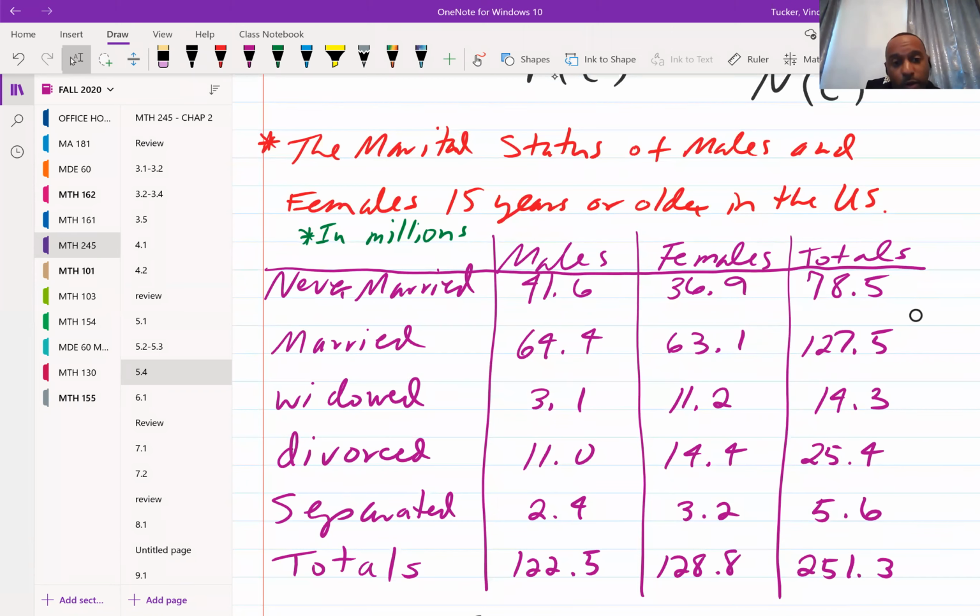We've got never married, married, widowed, divorced, separated, and then the totals at the bottom. Then we have males, females, and totals for our columns. Males: 41.6, 64.4, 3.1, 11.0, 2.4, and that's 122.5. Females: 36.9, 63.1, 11.2, 14.4, 3.2, and then 128.8. Then the final column: 78.5, 127.5, 14.3, 25.4, 5.6, 251.3. I'll give you a chance to write that down.